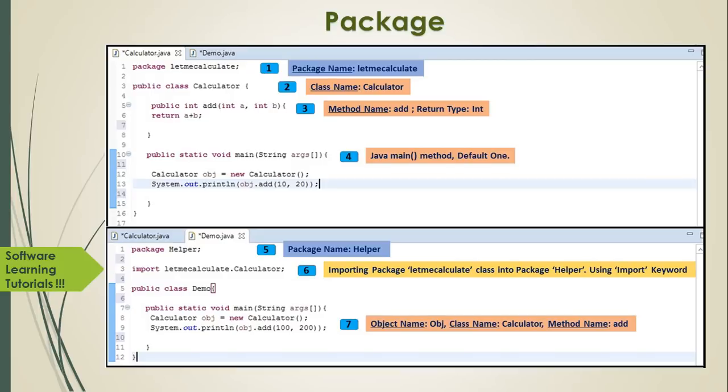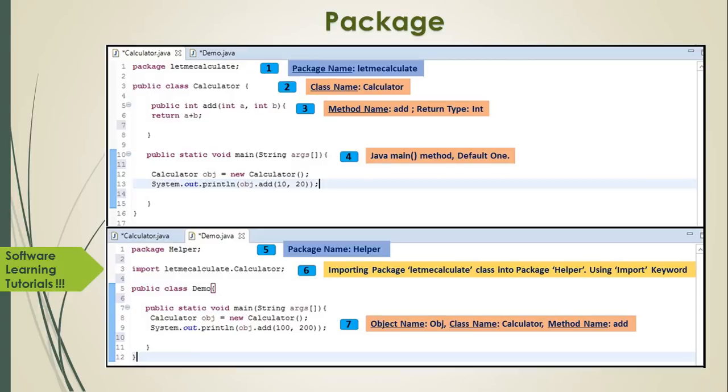Now we have another Java class where we require that particular Calculator method to be called. So we define the package helper, which has the Demo class.